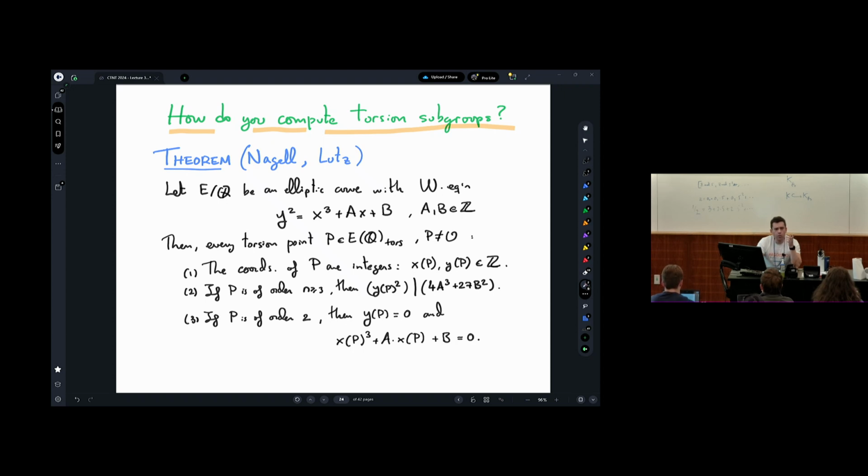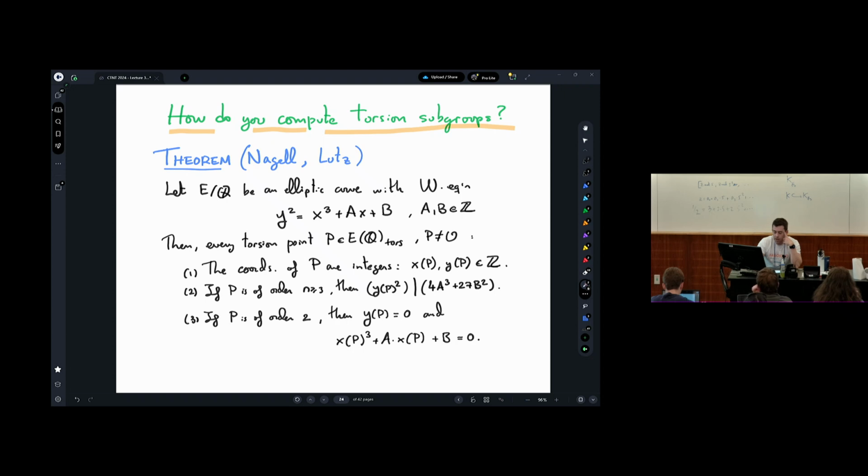I'm sorry, what was your question again? My question was, if you take the same kind of equation, and your elliptic curve is now over a number field, and you have a torsion point over that number field, do the coordinates lie in the ring of integers analogously to how these lie in the integers?